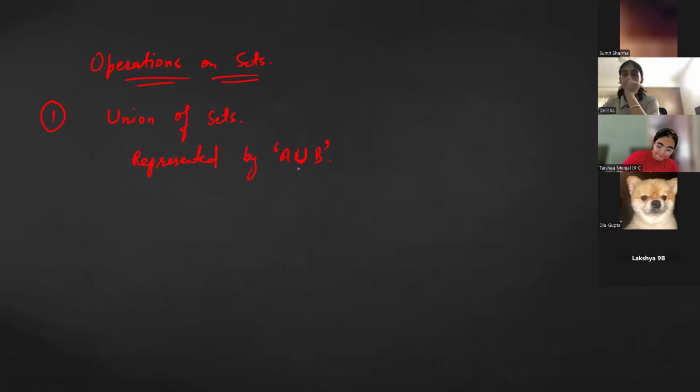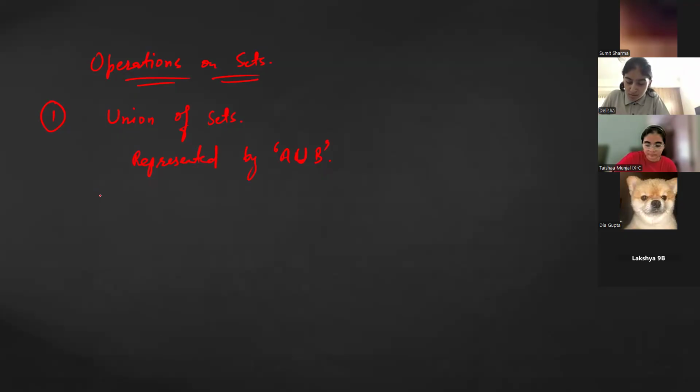It is represented by A union B, A U B, right? This U does not mean it is the universal set. It is the union, right? So there are two U's here.